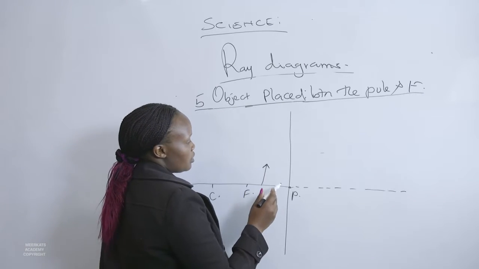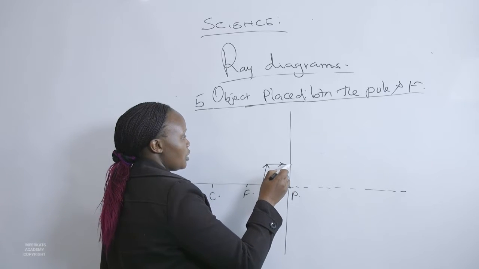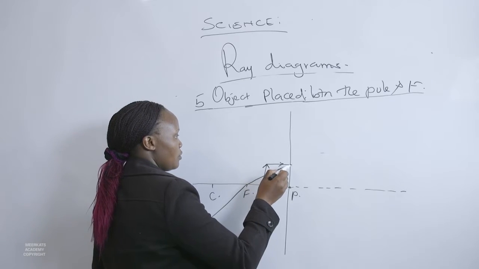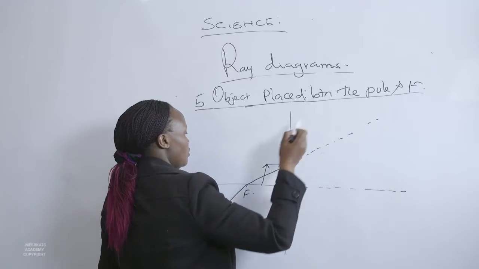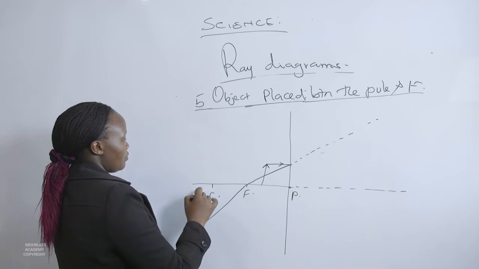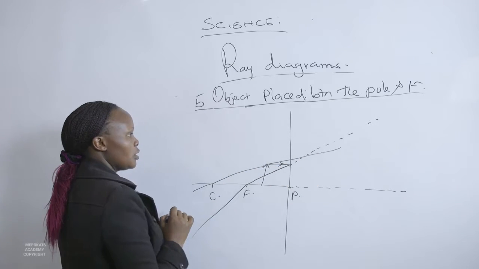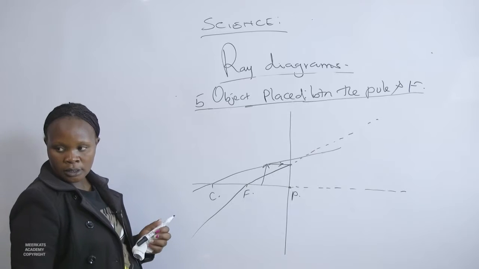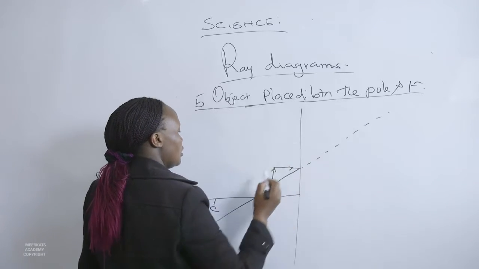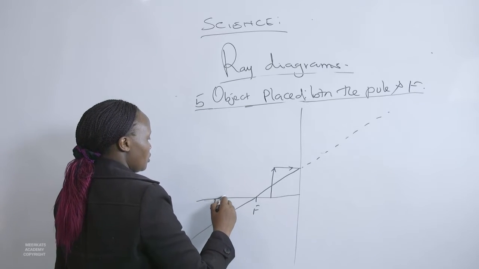Let us look at this ray here, which should be reflected through F. Then we can have a ray through C and the tip of the object, so that we can extend our rays.